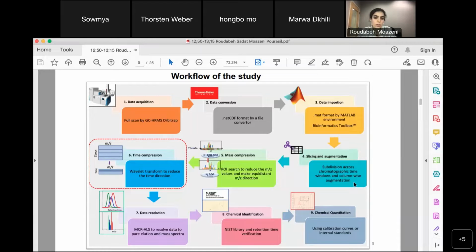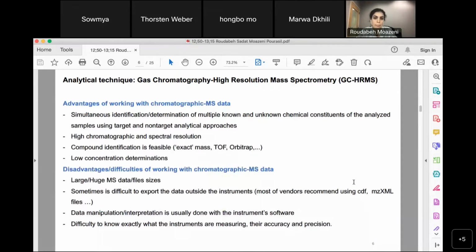We used the resolved pure mass spectra for identification using the NIST library, and we used the peak height of the resolved elution profile for quantitation. Please go to the next slide.